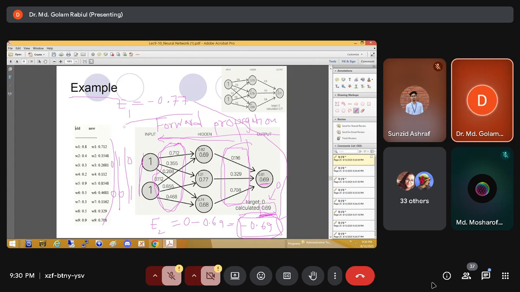Then for any test case, those weights will be saved or stored. If new values come, like -1 and 0, this is the new input. We pass this input through the network with the saved weights and just apply forward propagation for the prediction.